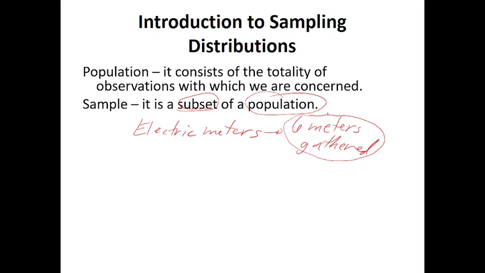These 6 meters came from the population of that utility, so we call it a subset of the population. So we have a sample.